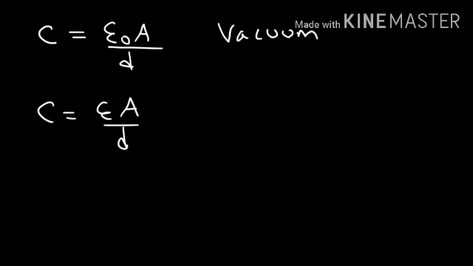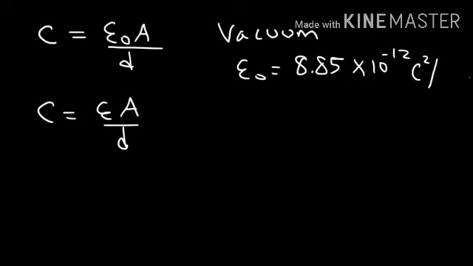It's going to be epsilon times A over D. Epsilon sub naught is the permittivity of free space. It's 8.85 times 10 to the minus 12 coulomb squared per Newton per square meter. So make sure you know that value because you're going to use it a lot.